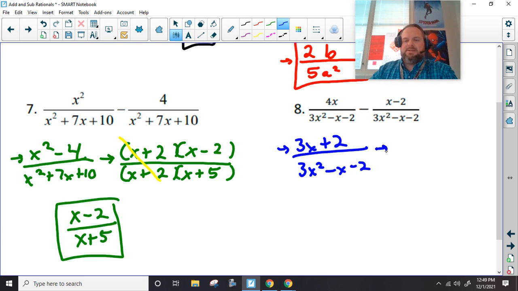But this will actually factor out on the bottom, and this is where you would have to do the AC method or the box method, and it's very similar. I can show people individually how to do that. I'm not going to show it in class.